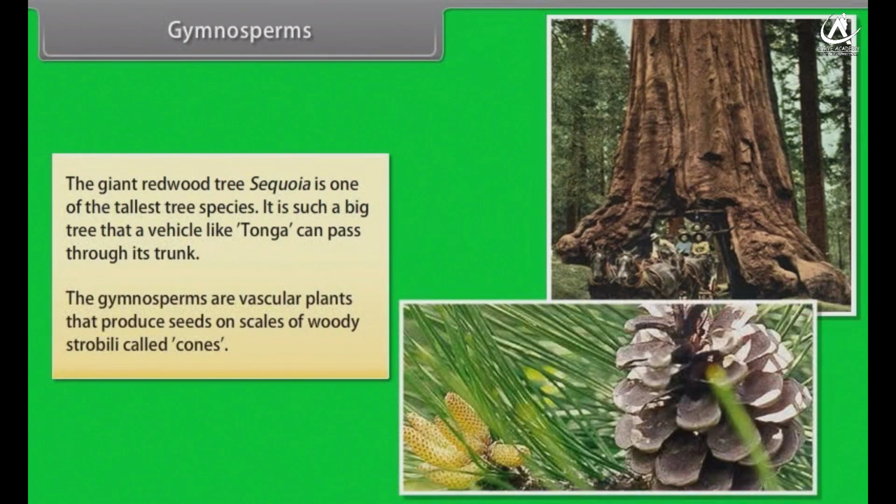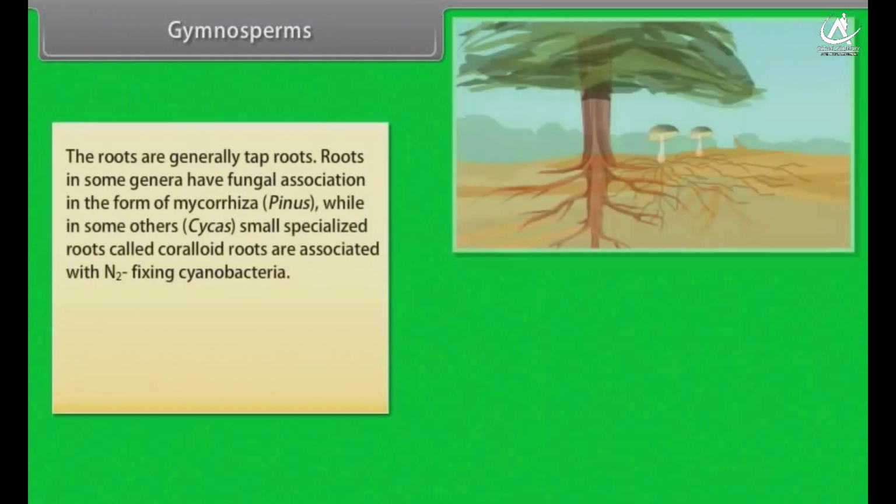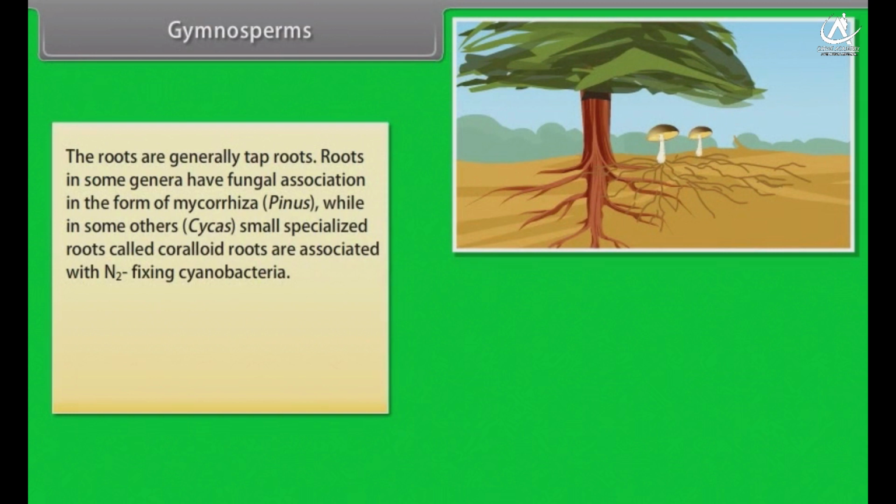The gymnosperms are vascular plants that produce seeds on scales of woody strobili called cones. The roots are generally taproots. Roots in some genera have fungal association in the form of mycorrhiza, Pinus, while in some others, Cycas, small specialized roots called coralloid roots are associated with N2-fixing cyanobacteria.